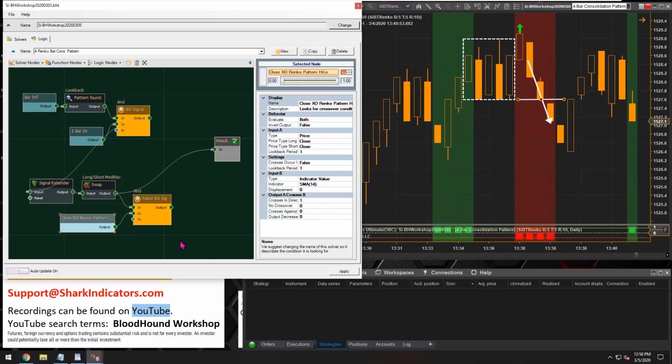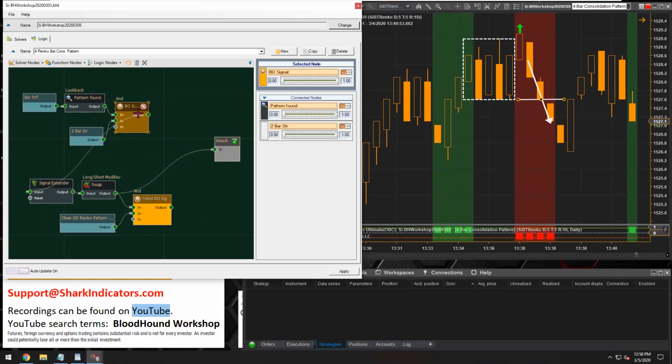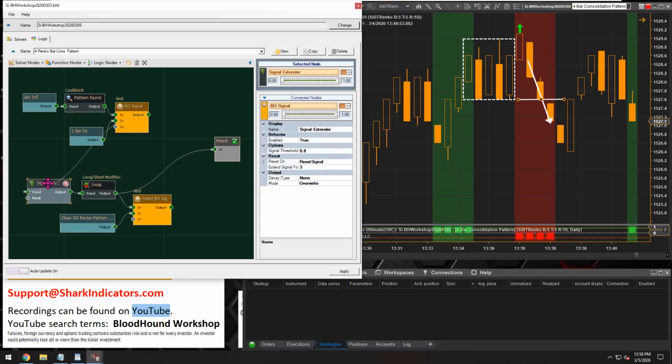All right, so it's not too complex there. I hope this all kind of makes sense. So we're taking the breakout signals, feeding them into a signal extender. Remember, we're looking at the signal extender right now, right?